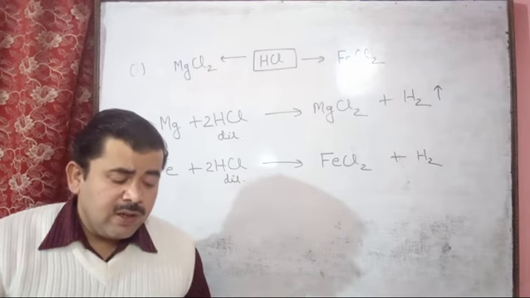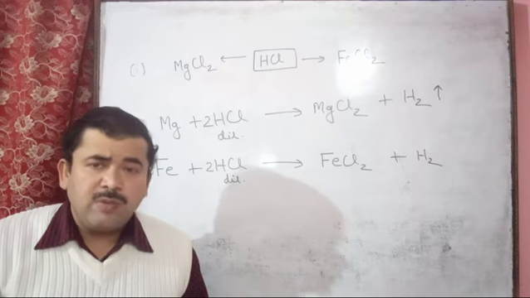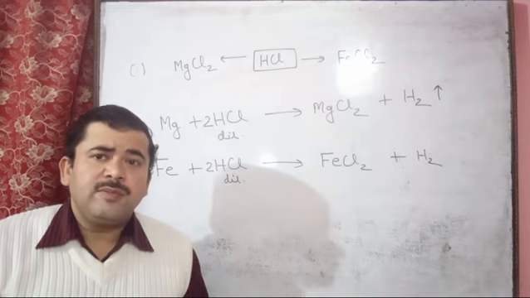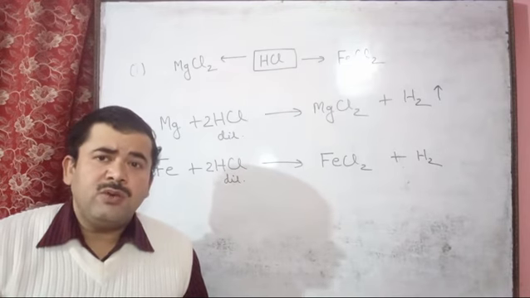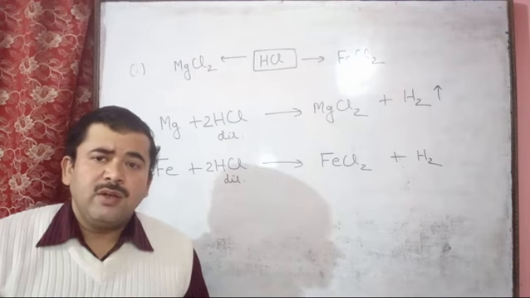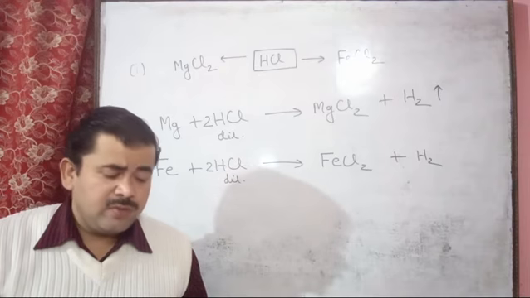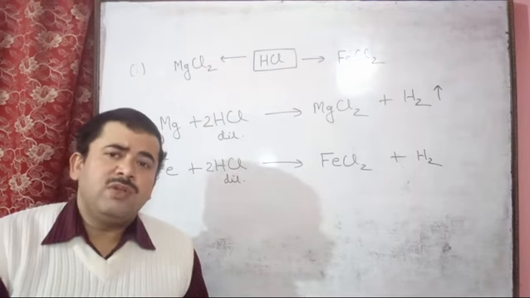Nitric acid in dilute form is not used in the laboratory preparation of hydrogen from metals. We know that nitric acid is a good oxidizing agent, and this oxidizes the hydrogen to water. Here we are preparing hydrogen, we are not preparing water.